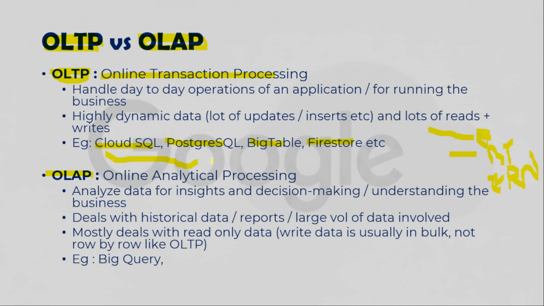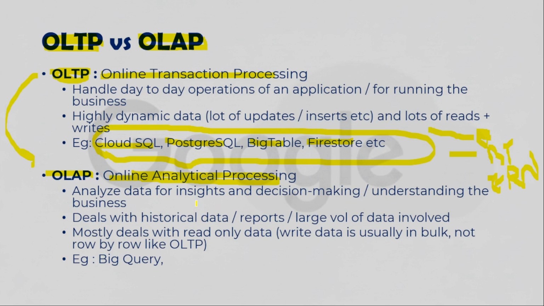These services provided by Google Cloud are meant to handle online transaction processing rather than analytical processing. The opposite of OLTP is OLAP, online analytical processing. Here the data is historic and relatively stable, and you will not see a lot of updates, deletes, and inserts.